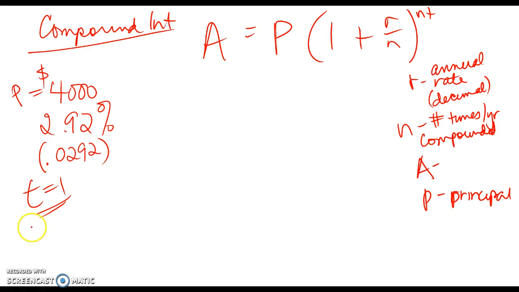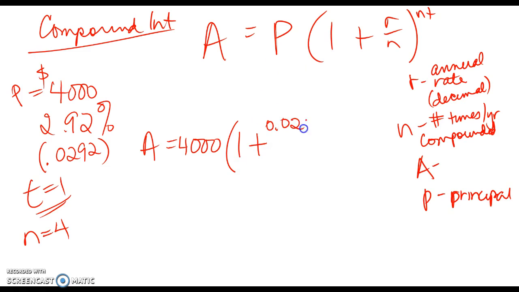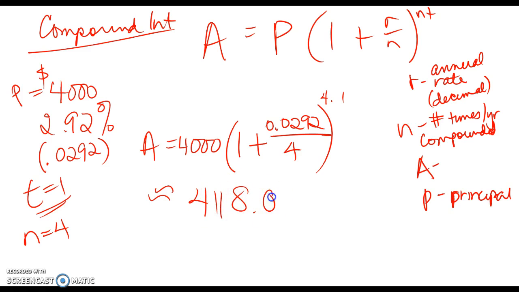Well, how many times a year is quarterly? That's 4, right? So we would say A equals our original amount, 1 plus, and this is obviously going to have to be calculated on your computer, my rate over the number of times compounded, and up here again times t. And we would find that we have this much money in our account after 1 year.